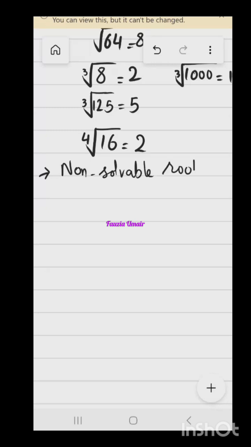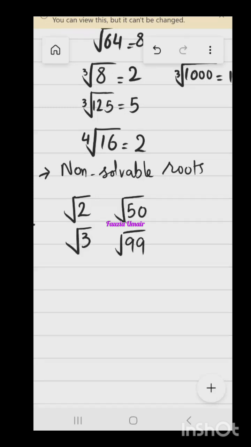For example, square root of 2, square root of 3, square root of 50, square root of 99. They are not solvable. Their answer is basically a decimal number. You can solve them through a calculator, but they do not give you a whole number in the answer.